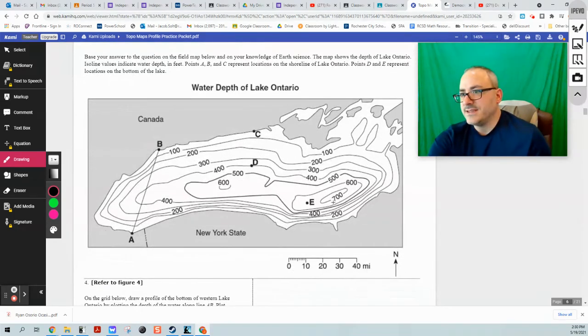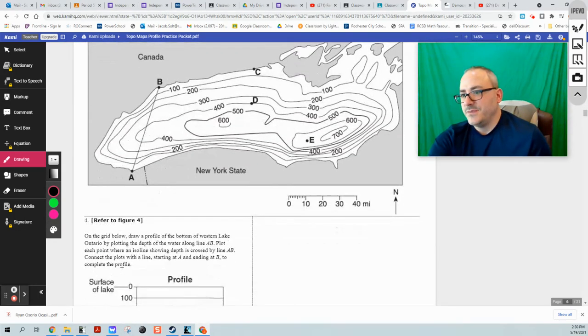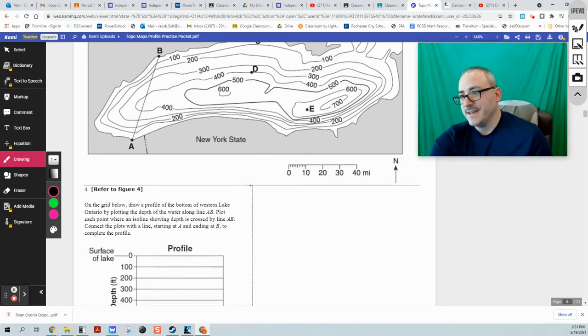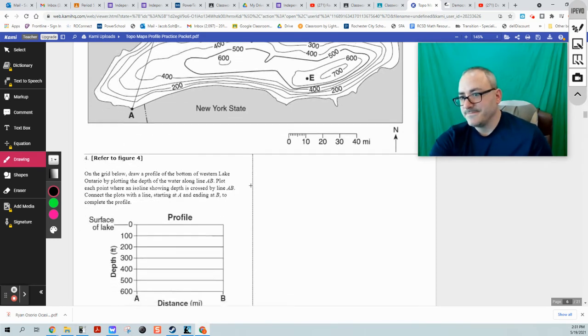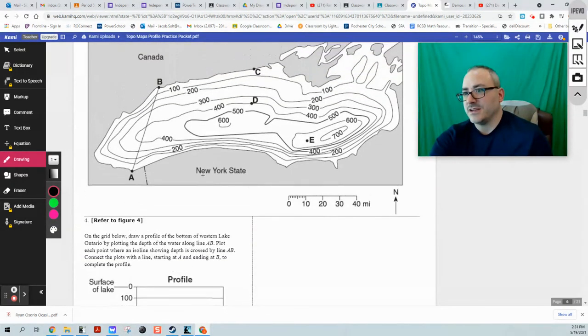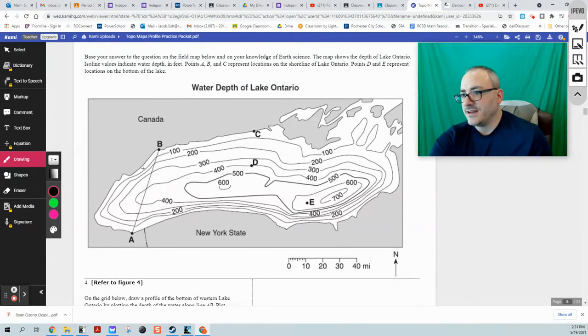Let me see if there's anything crazy going on in this one. It's going to be another contour line of Lake Ontario. Lake Ontario is the lake that we have north of us here in Rochester, New York. Let's see, we're going to start at, do I see a contour line? Because they're all labeled, they don't have a contour line key, so I'm guessing this is 0, right?